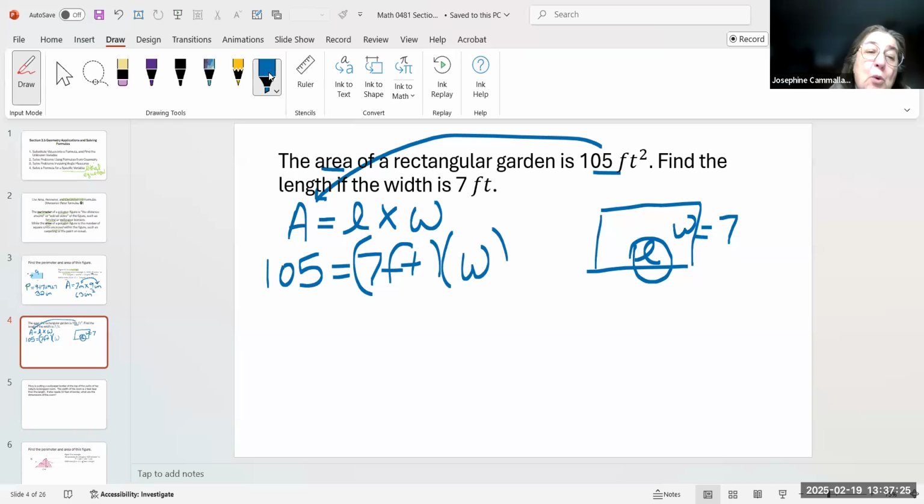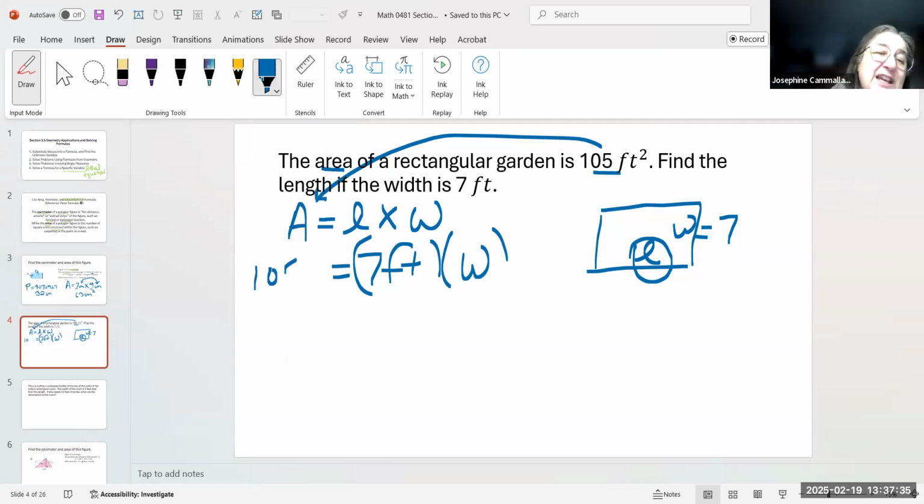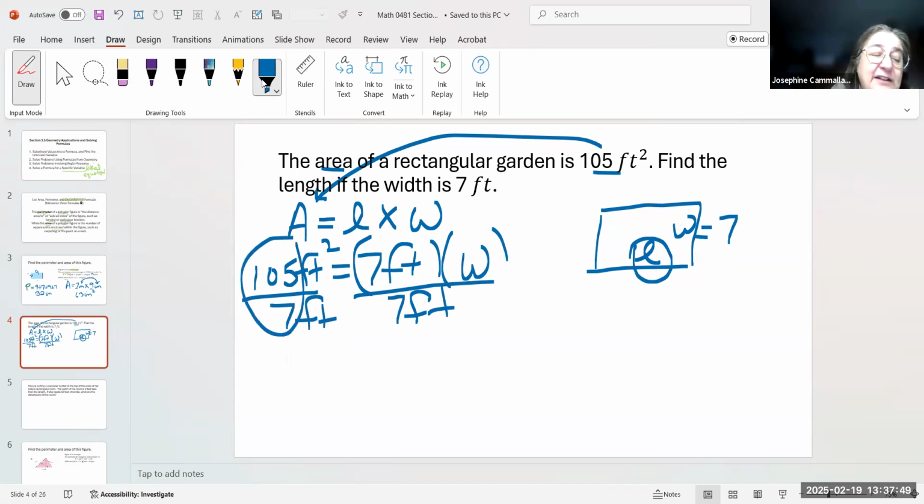Well, remember, this 105 happens to be 105 feet squared. Well, if I divide by 7 feet, notice what's going to happen. I'm going to divide the numbers. 7 divided into 105 is going to give me 15.